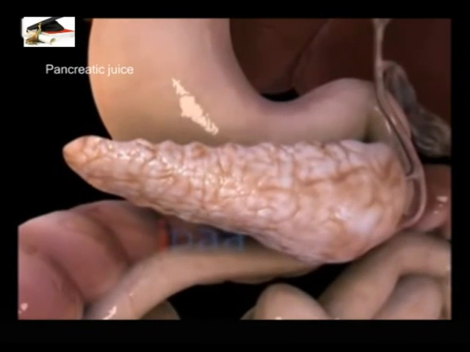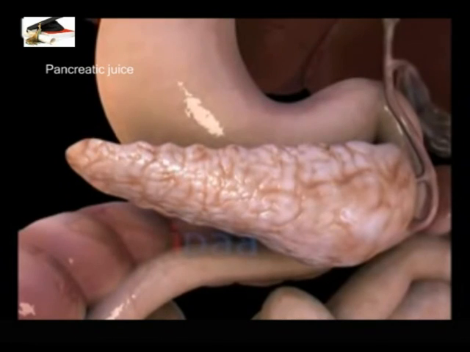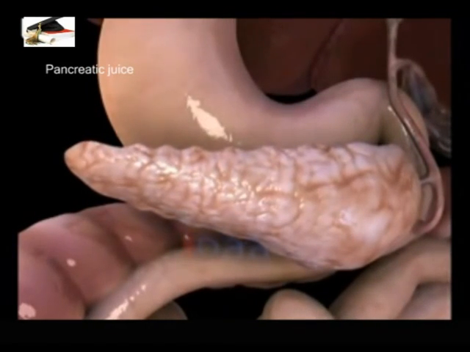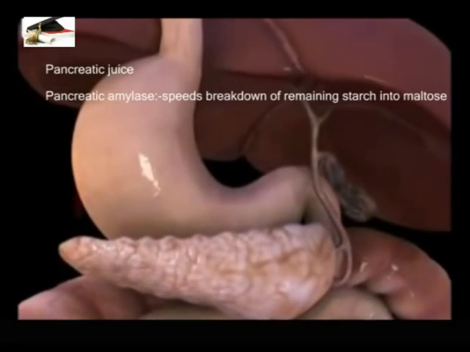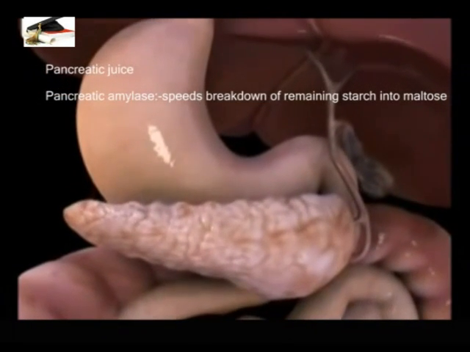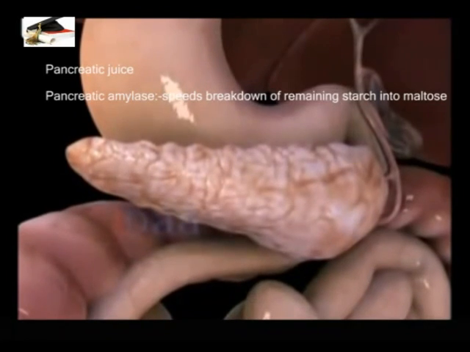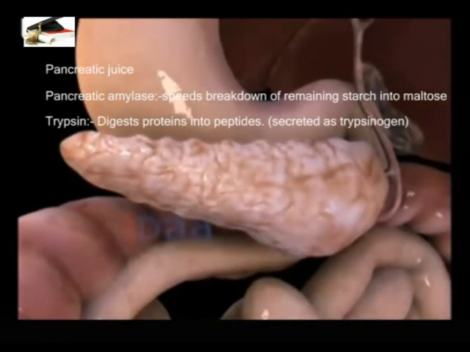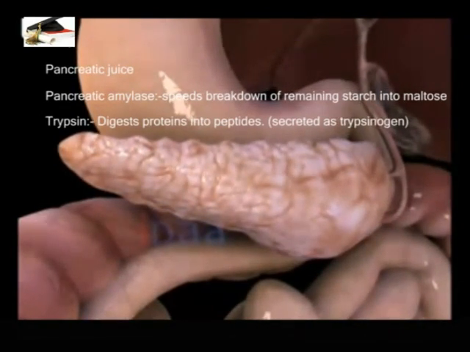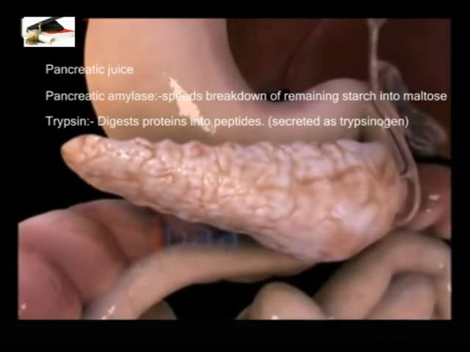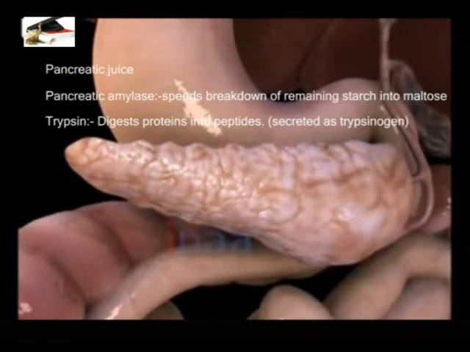The pancreatic juice is alkaline and contains 3 digestive enzymes. Pancreatic amylase, which speeds up the breakdown of the remaining starch into maltose. Trypsin, which digests protein into peptides. This enzyme is secreted in its inactive form, trypsinogen.